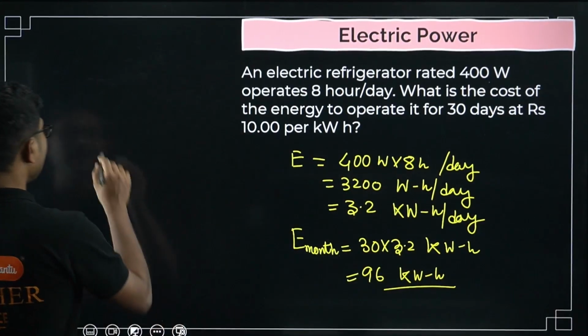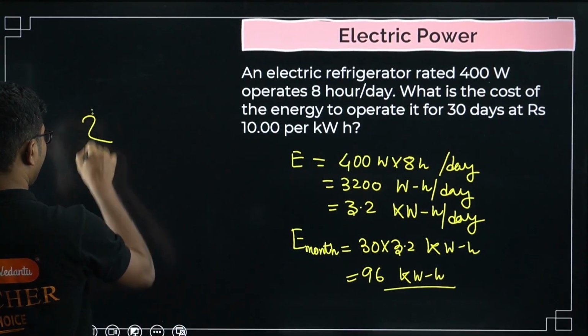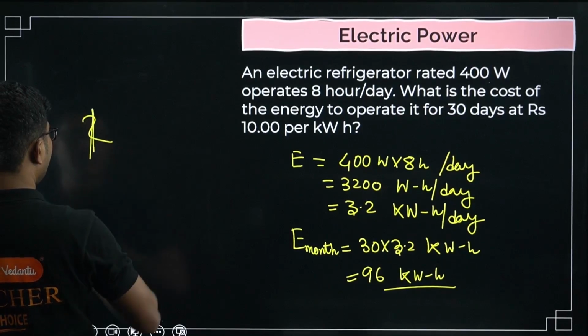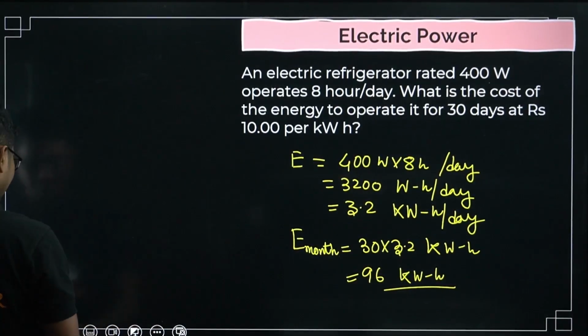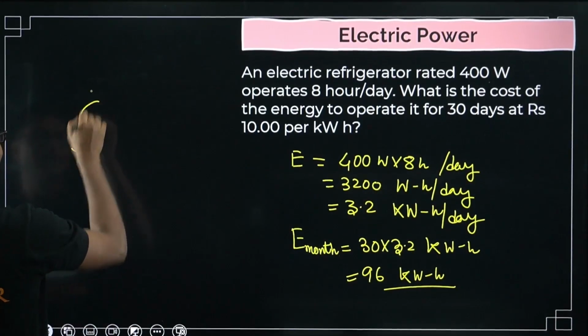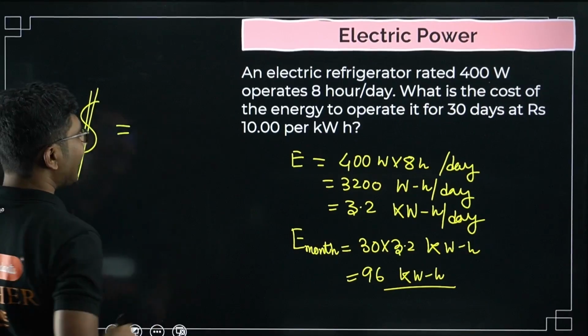So what is the electric bill? I tried to write the rupee symbol, but somehow it is not happening. Let me write in terms of dollar only. This is the easier symbol, right? So this is the symbol for money. So how much money are you spending?